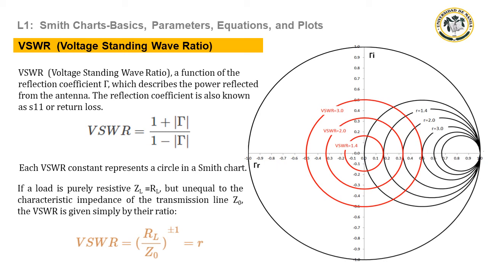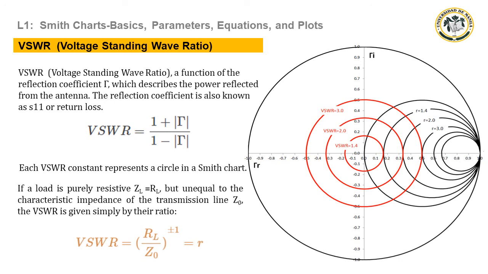So our formula for VSWR is equal to 1 plus the absolute value of our reflection coefficient over 1 minus the absolute value of our reflection coefficient. Each VSWR constant represents a particular circle in our Smith chart.